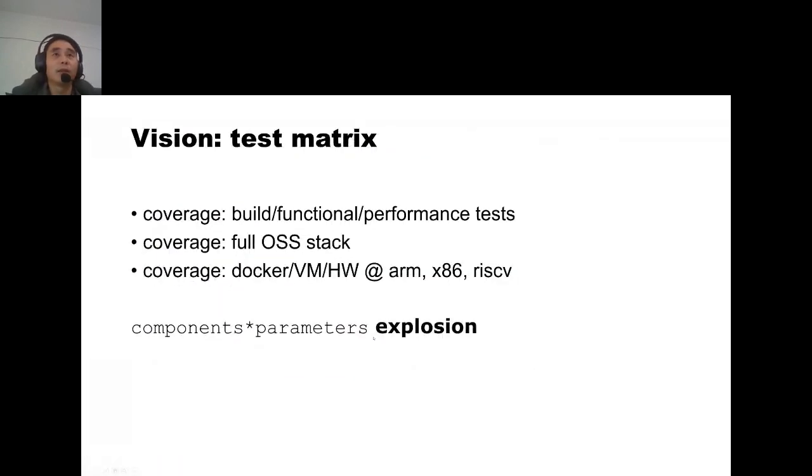And our test metrics aims for testing a variety of kinds of tests like build tests, functional tests, performance tests. And we also would like to test the full open source software stack from kernel to all kinds of middleware and applications.